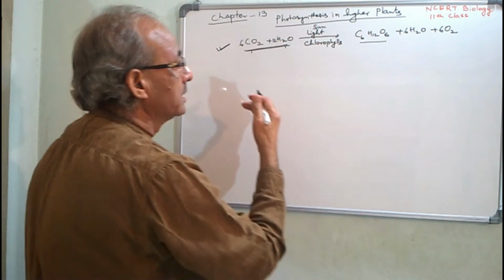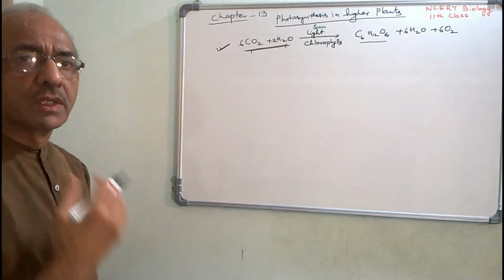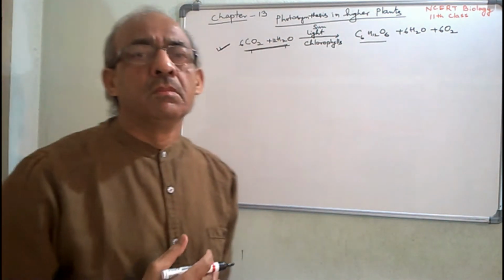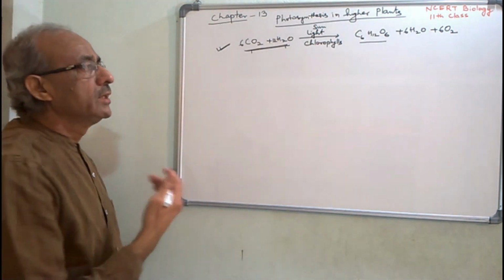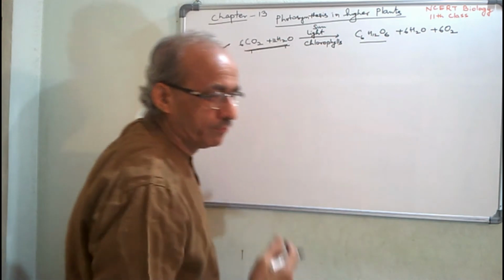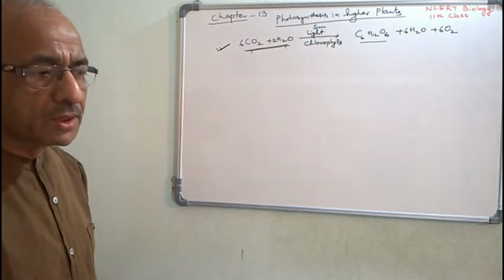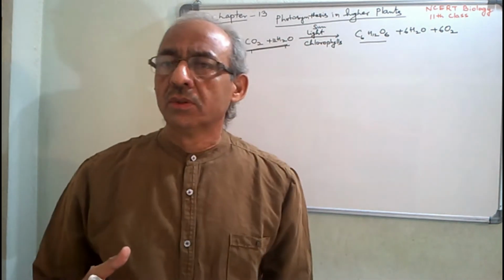During photosynthesis, the solar energy, photon, is converted into chemical energy. All this information we know nowadays.